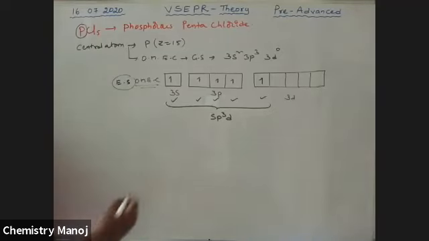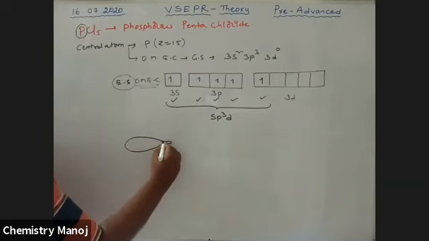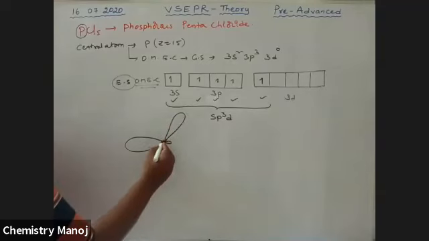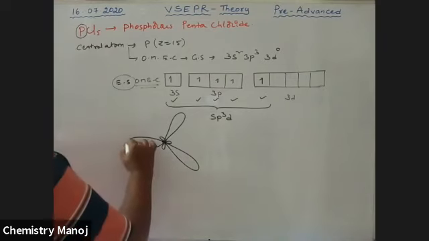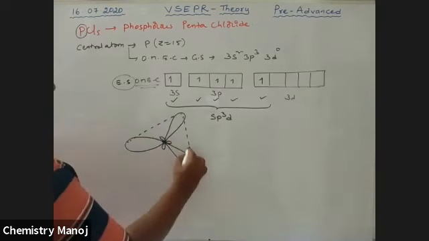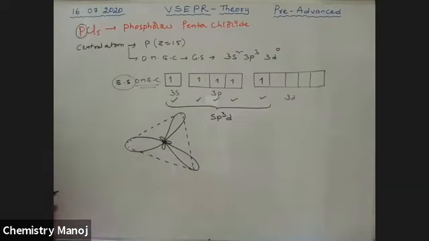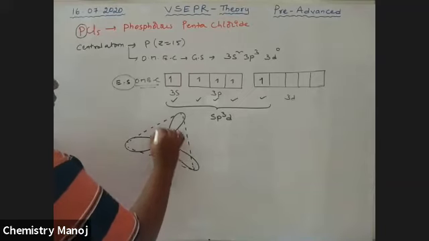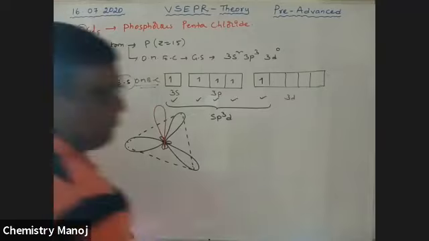See here, this is the shape. These are the orbitals within the plane, the equatorial orbitals, and one orbital above the plane and one orbital below the plane.